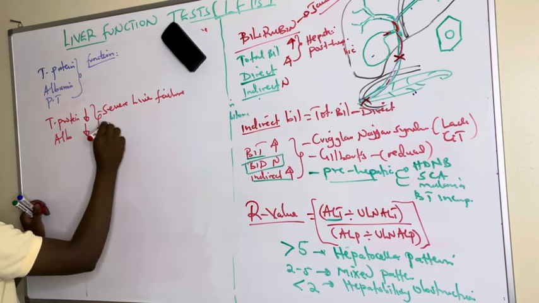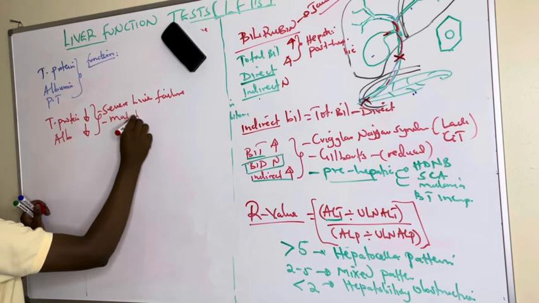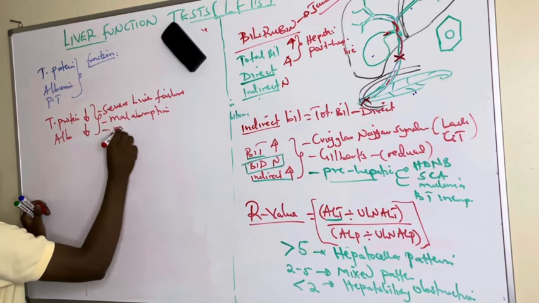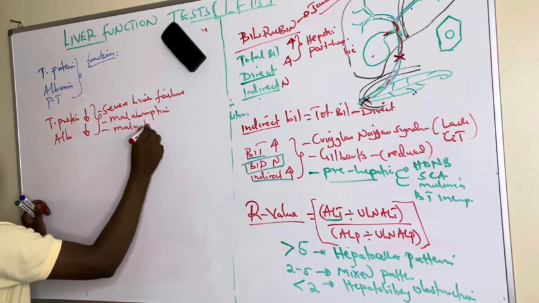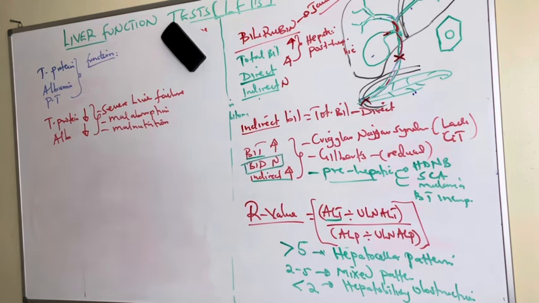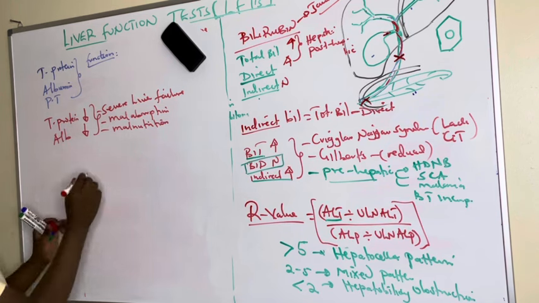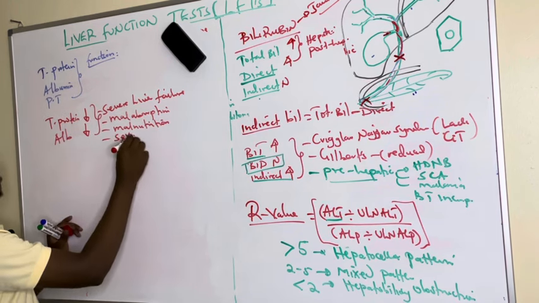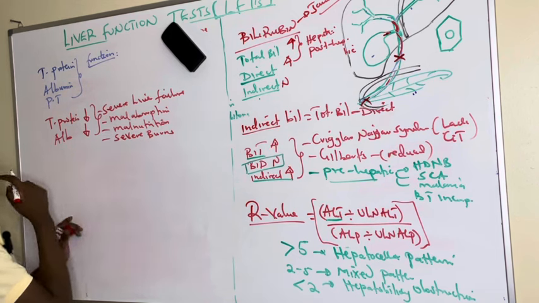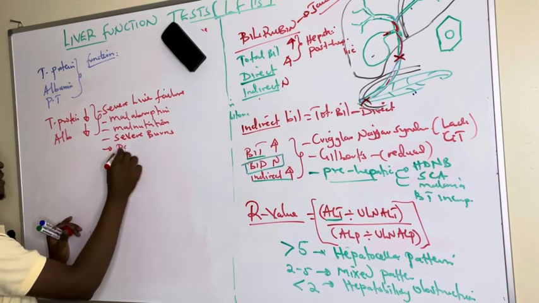You can see them in malabsorption and in malnutrition, because some of the proteins we get from the diet are also used to synthesize albumin. And then we can see them in severe burns, when someone is severely burnt, and we can also see them in parasitic infection.